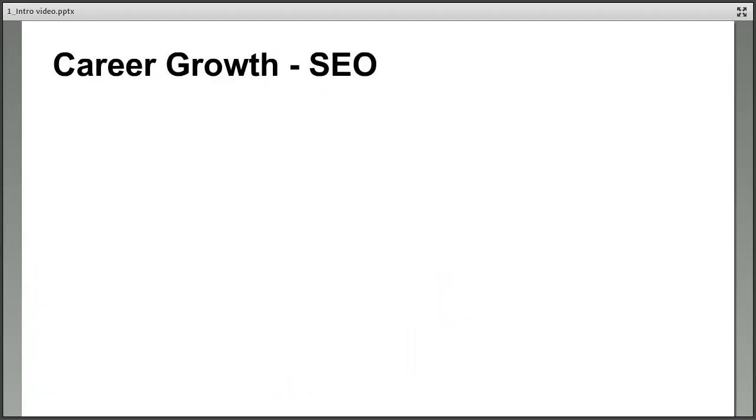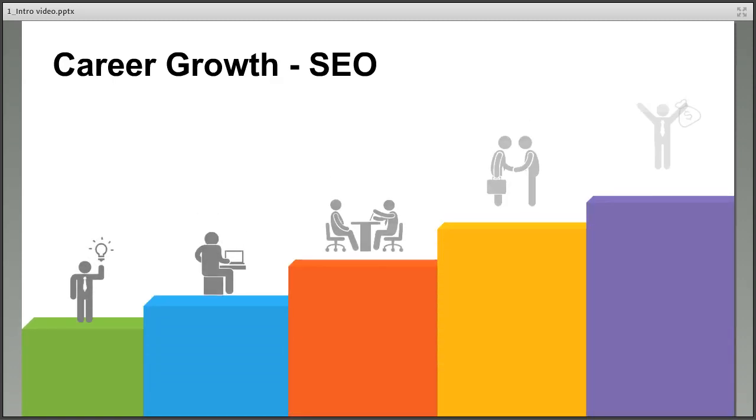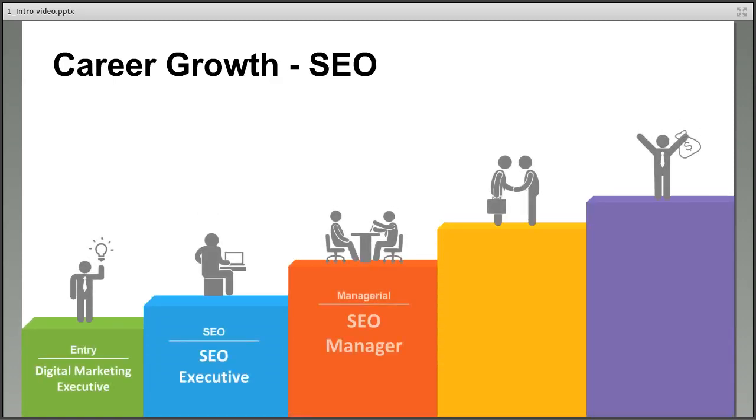Moreover, let us have a look at the career growth that you can expect. Now, as you might have heard, there are various verticals within digital marketing as well. If I pick out the most commonly heard vertical, which is SEO, that is search engine optimization, a typical career path looks like this. You first start at the entry level as a digital marketing executive.